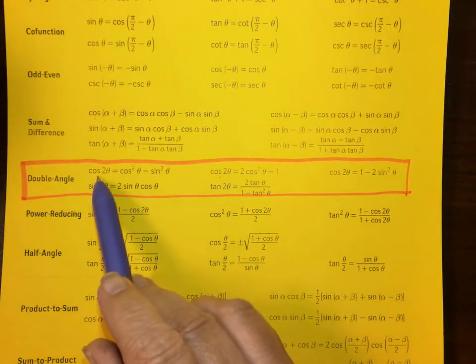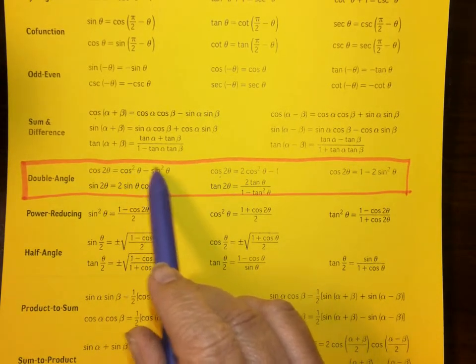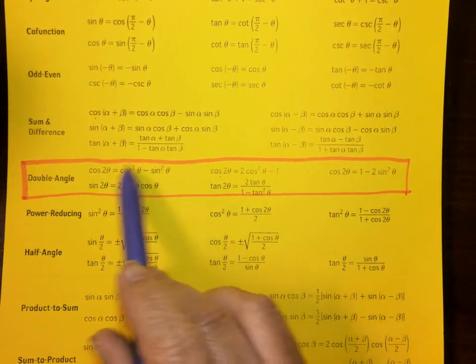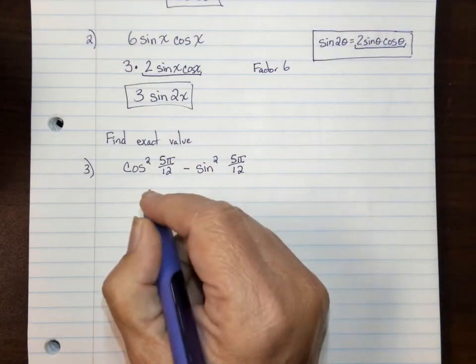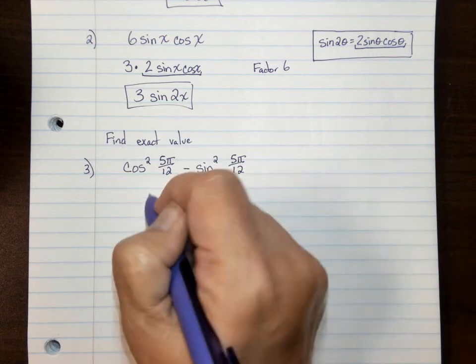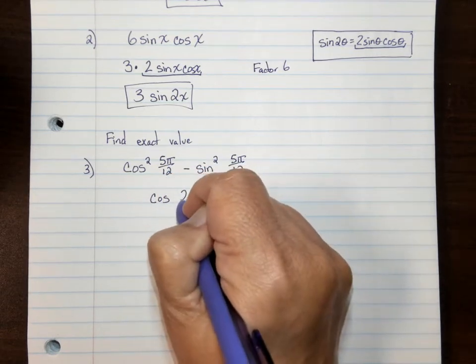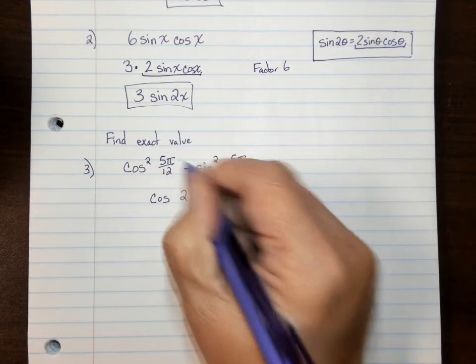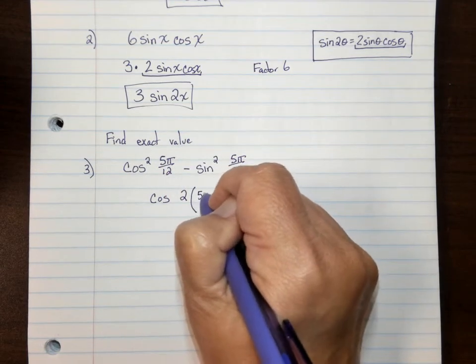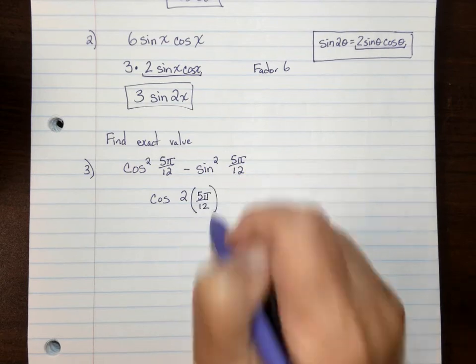You see that it's there under cosine 2 theta? Are we all seeing this right here? So according to that double angle identity, this is going to be the cosine of 2 times my angle, which is 5 pi over 12.